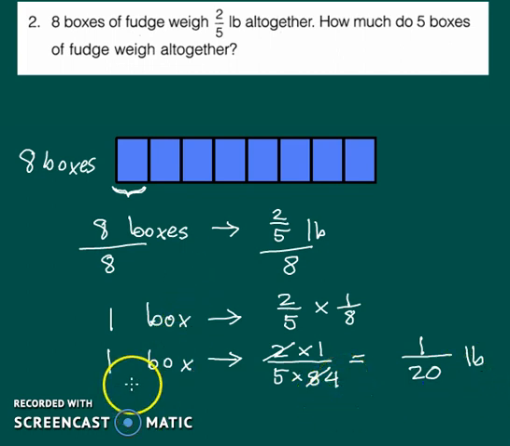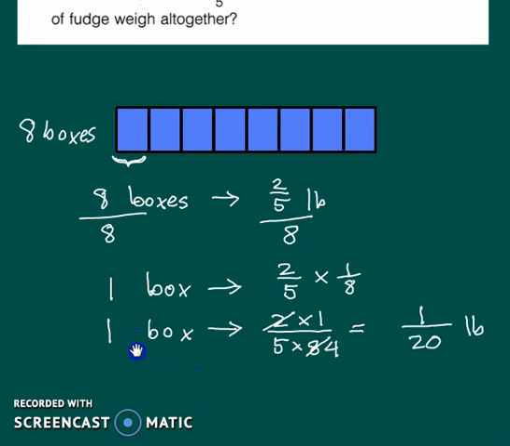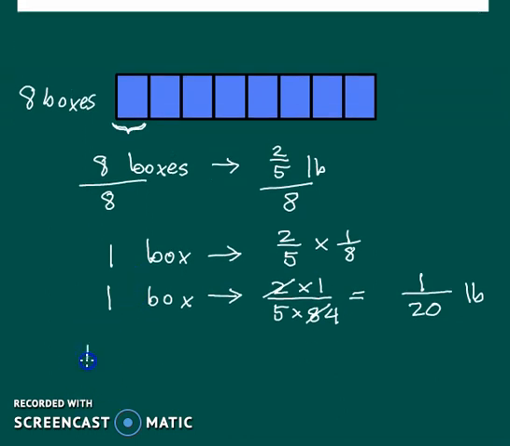The question is, how much do 5 boxes of fudge weigh? Now I know how much one box weighs. I can multiply. So 1/20 of a pound is the weight of one box, and I have 5 boxes, which comes to 5/20.